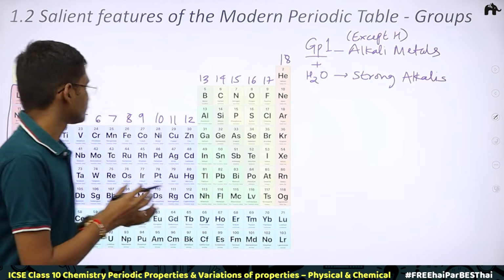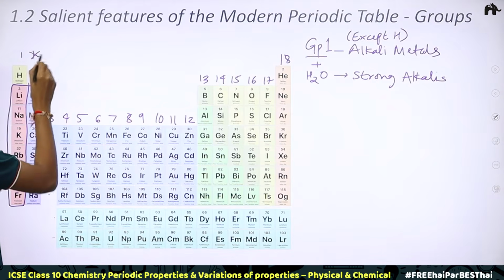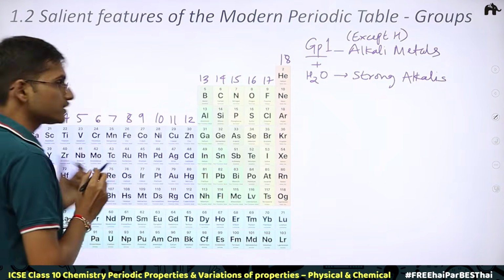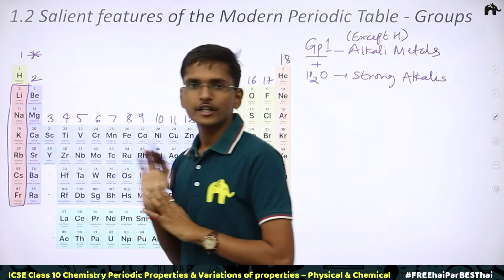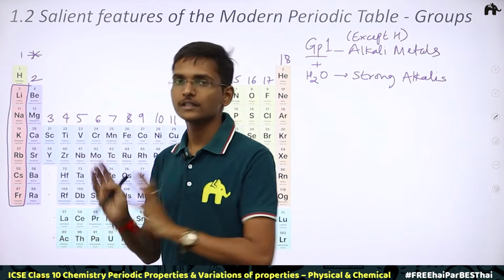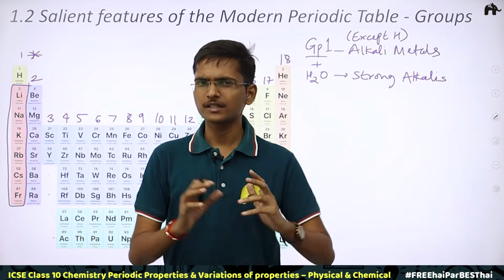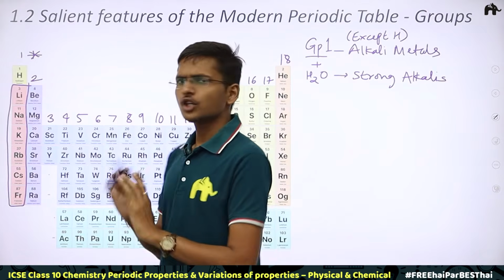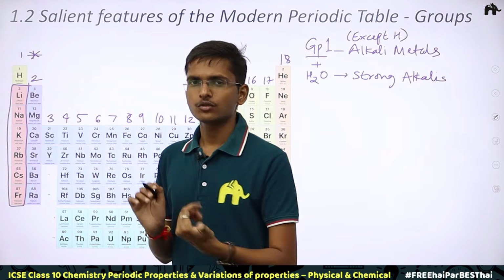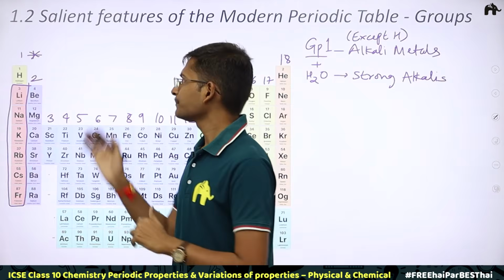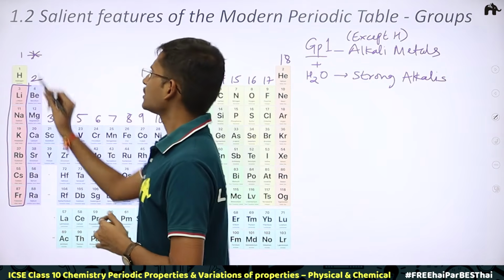Now you have to write all the elements of group 1 in your periodic table, because you have to remember all these elements. We are going to learn about them at the end of the chapter in quite some detail. So how to remember them? You would absolutely know the first element is hydrogen. After that I would give you a simple trick.